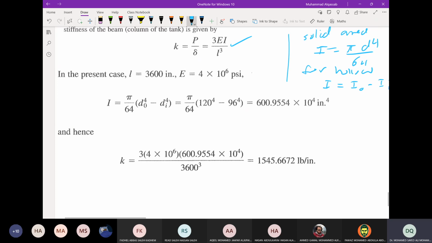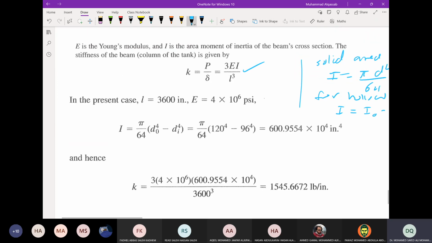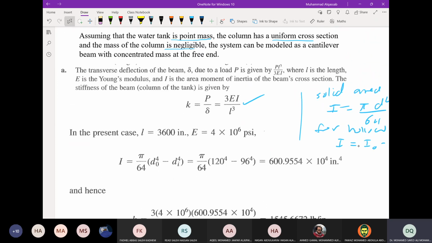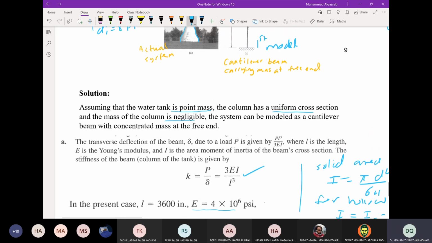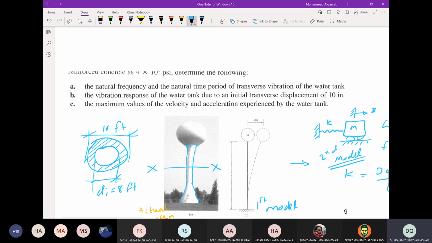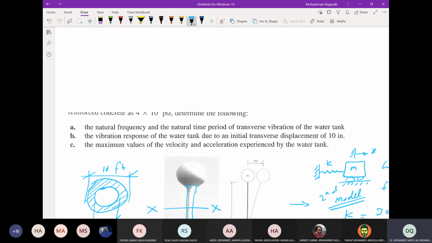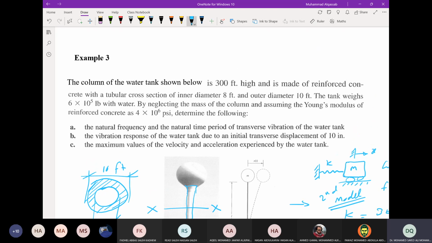The units we will use are in psi, E equals 4 times 10 to the power 6 psi, which means pound per square inch. The dimensions given are in feet. This d outer is 10 feet, and d inner is 8 feet.